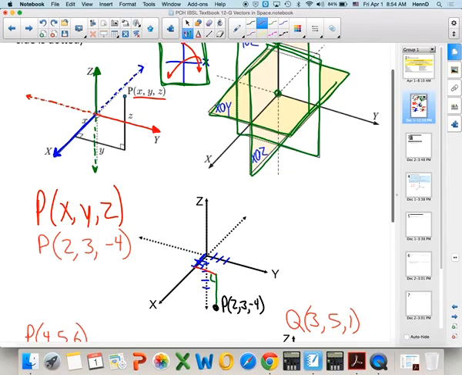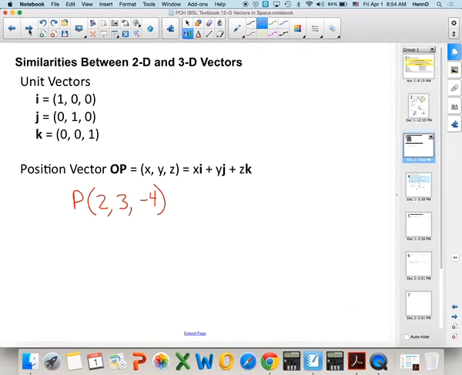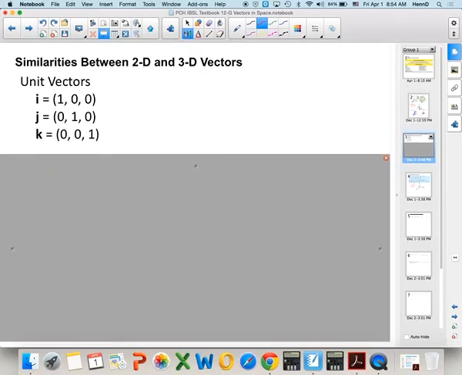As an example, if we look at unit vectors, you've seen I and J, which in 2 dimensions were this. These are unit vectors because they have a magnitude of 1, and here it's just in the X direction, here it's just in the Y direction.